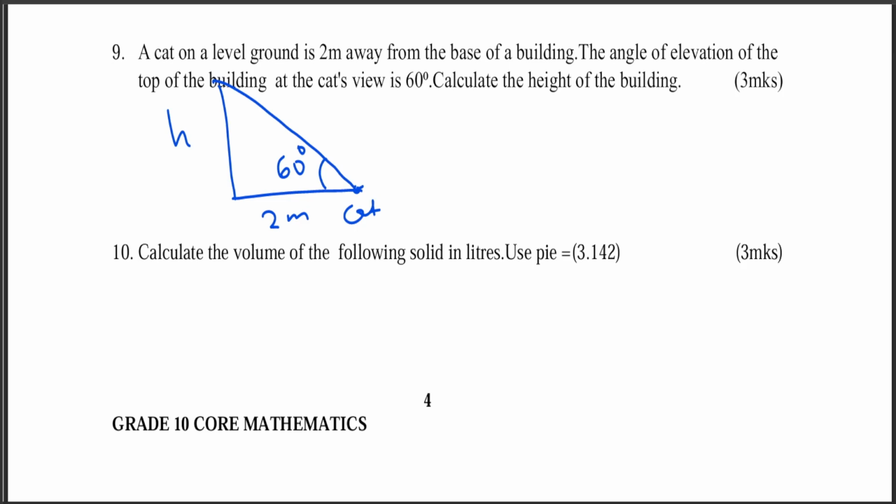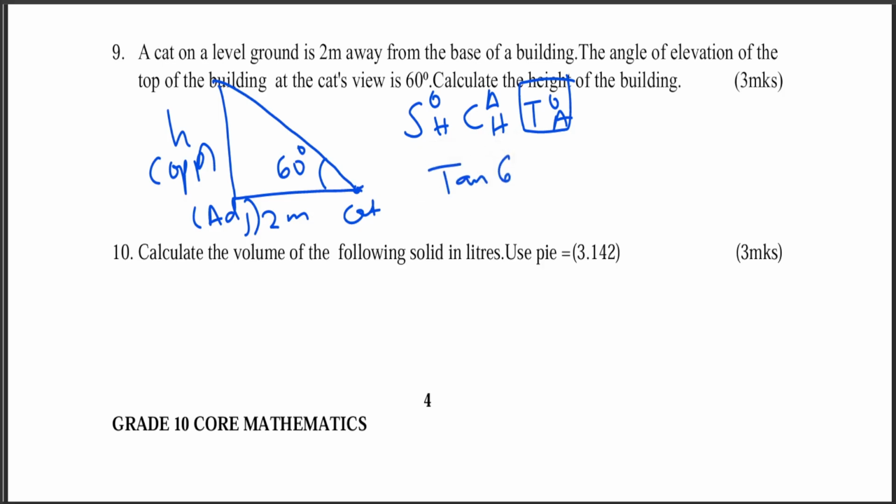So you see here you will still use SOH CAH TOA. So here this is our opposite, this is our adjacent, the 2 meters. So you are looking for opposite and you have adjacent, and therefore you're going to use tan. So tan theta, which is tan 60, is equal to opposite, which we don't know, the height itself, over adjacent, which you know is 2.